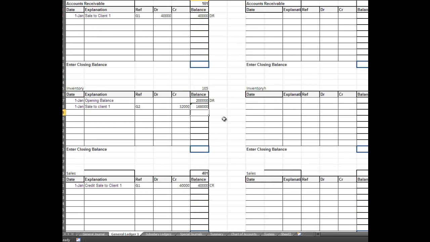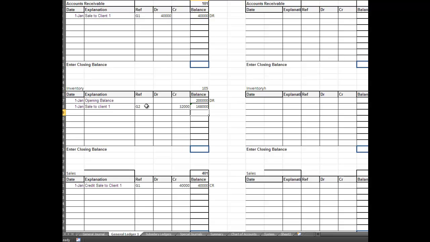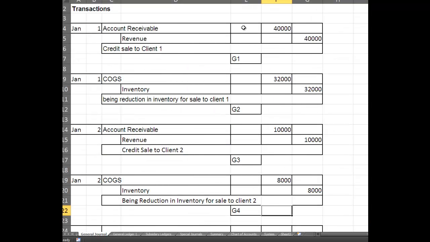We've got that. Alright, let's go back and post the next journal entry. Well, there's one further step. We now need to indicate in the posting reference column that we have in fact posted these items. So account receivable was account 101, I think. Revenue was 501. COGS was 105.